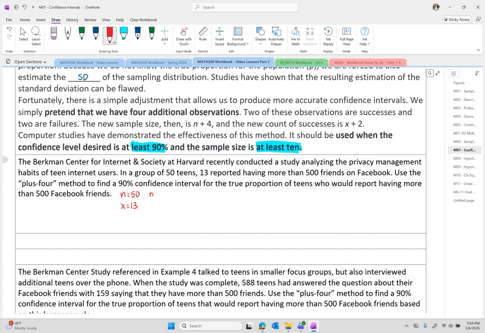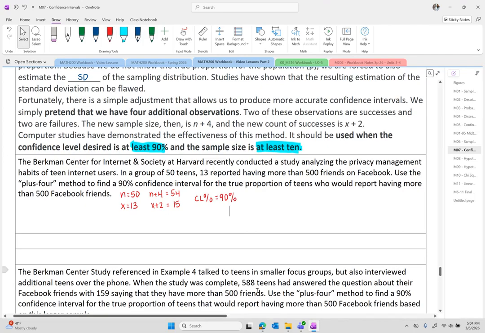So I will do n plus 4 and I will do x plus 2. N plus 4 will be a sample size of 54, and then x plus 2 will be 15 successes. And I'm going to calculate the confidence interval with confidence level equal to 90%.